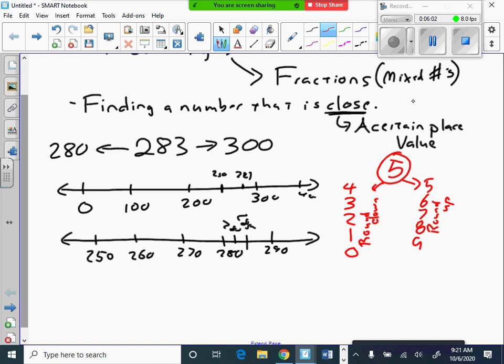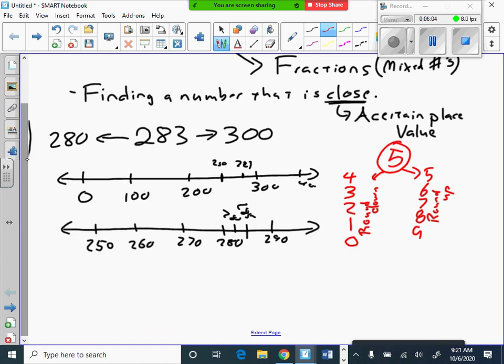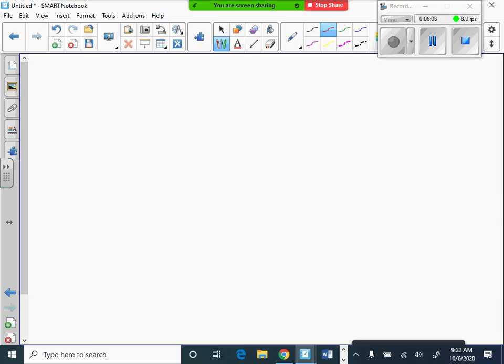Okay. And when we talked about these things, we can look at it with fractions too. As we look at mixed numbers, if I had 48 and 5/7, what's my nearest whole number? 49.